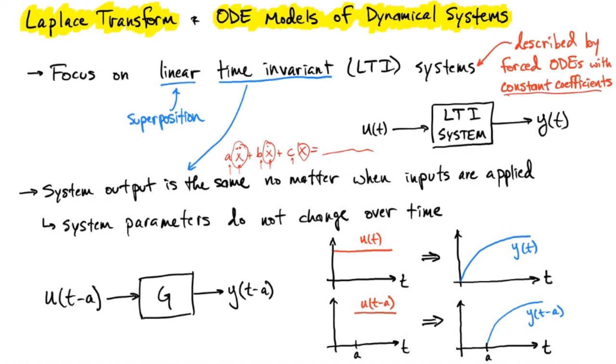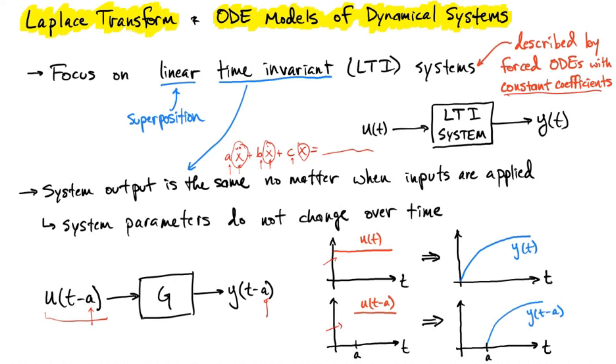And so one of the consequences that's important in here is the fact that when you apply an input, that has a nice property. If you apply two inputs, you can solve the response of those two inputs separately and add their responses together. And then another important consequence is the fact that if I shift by some amount a, so that's denoted here, if I change my input from this to this, essentially shift it forward or delay it by a, all it does is it shifts the response.